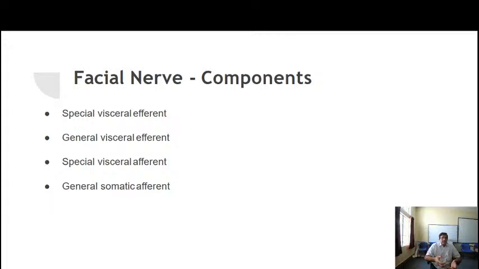Afferent in the sense the sensory, which come to the central nervous system, and efferent are the ones which go away from the central nervous system.